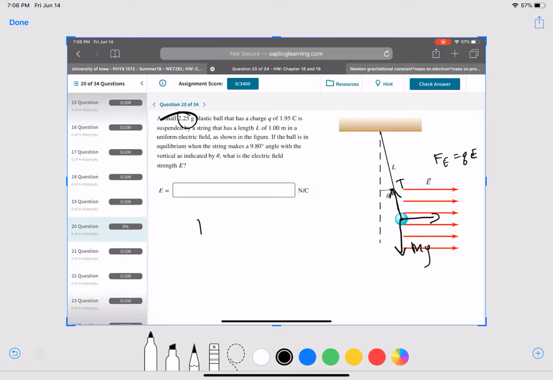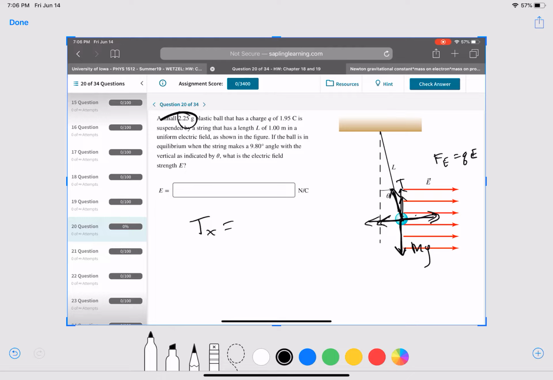So the tension force is going to be split into an x component and a y component. The x component of the tension balances out the electric force, so I should draw them as the same length. The y component of the tension should balance out the weight.